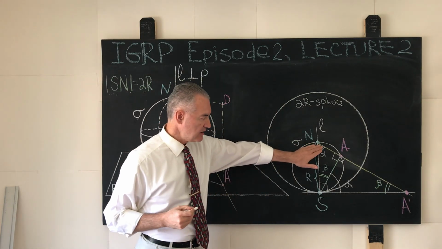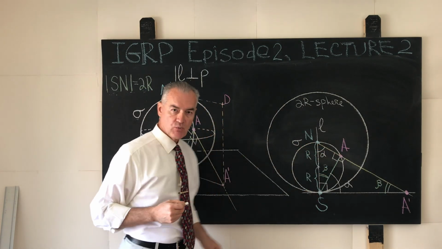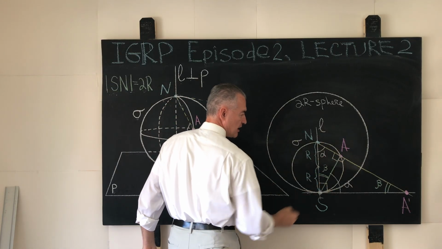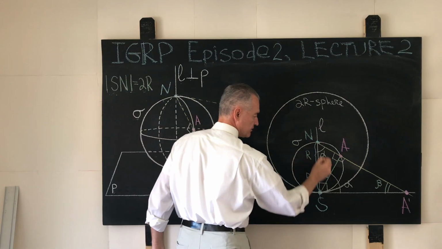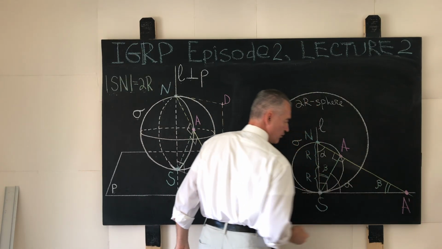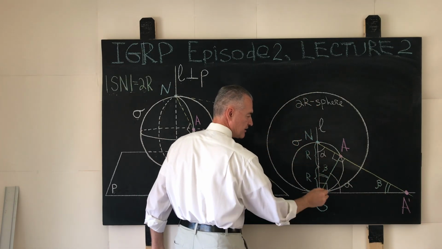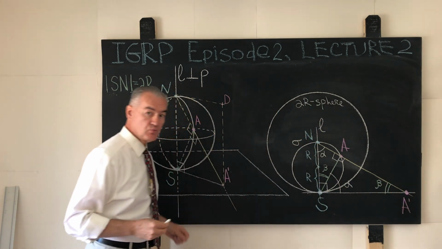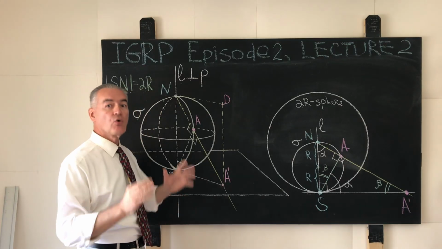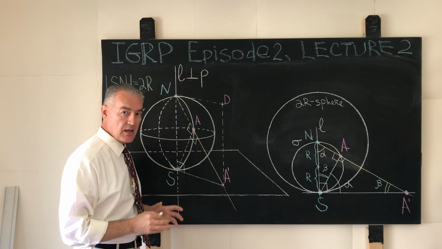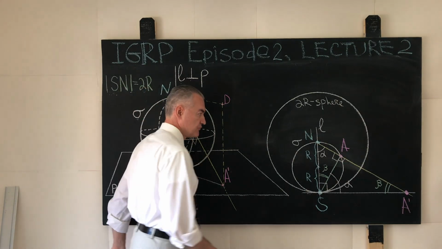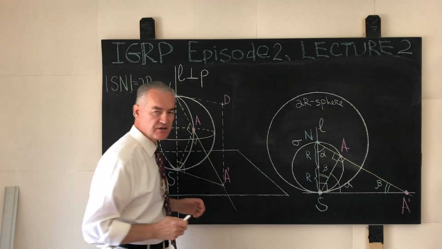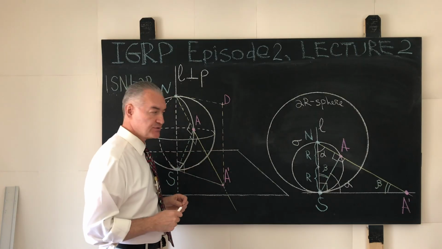In the triangle NAS, we worked with the sides AN and AS. And in the triangle NSA prime, we worked with the sides NS and SA prime. Now we use the same similarity of the same triangles, but instead of working with the sides of the triangles, we bring in the hypotenuses.